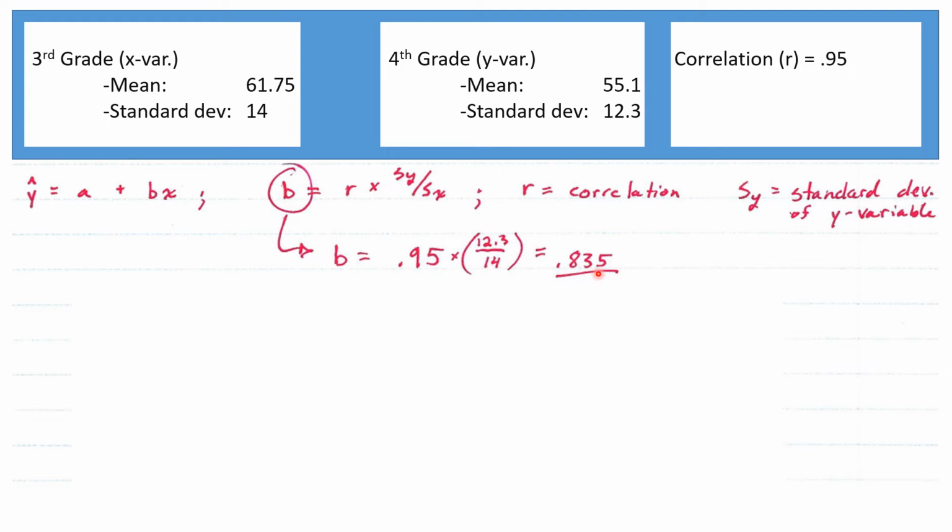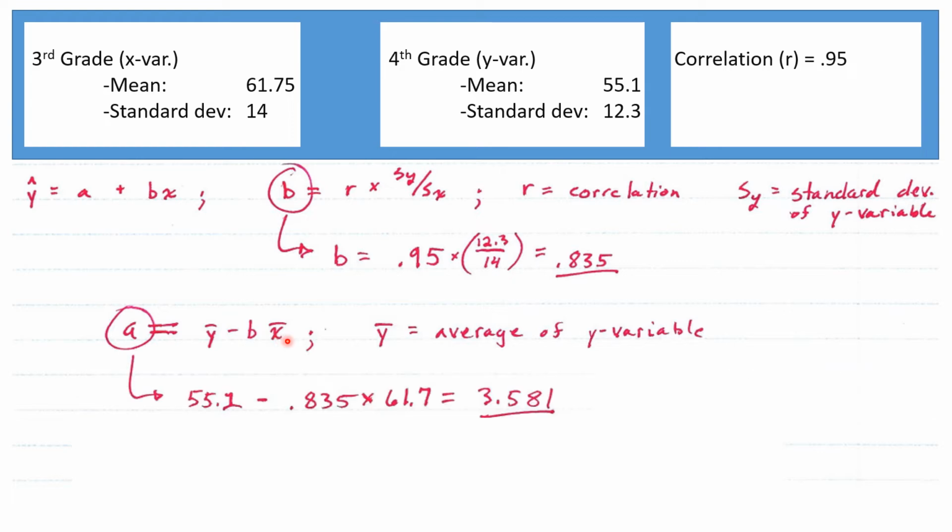Now that we have the slope, and we're ultimately just going to plug this in right here, so we know that it's going to be y hat is equal to a plus 0.835 times x. But once we have this slope, we can now calculate what the y-intercept is going to be. The y-intercept is going to be equal to the average score of the y variable, the average fourth grade score, minus b, which is our slope, times the average score on the x variable.